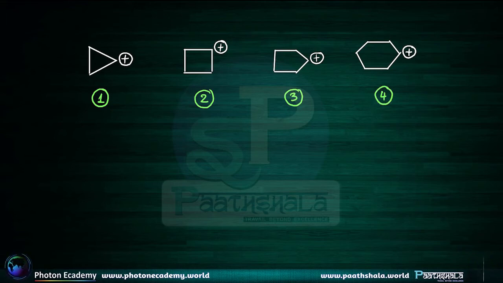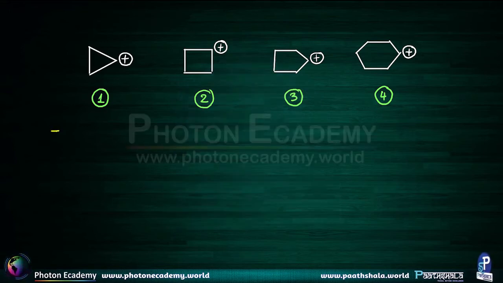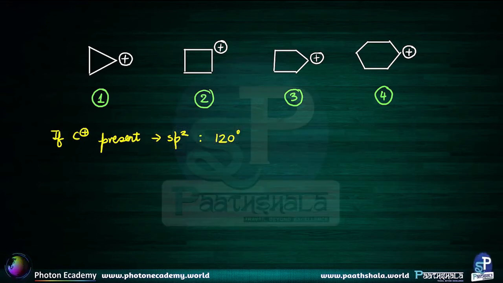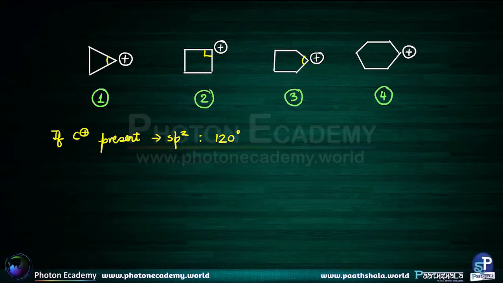We know that a carbocation has sp2 hybridization, and sp2 hybridization has a bond angle of 120 degrees. In the first case the angle is 60 degrees, in the second it is 90 degrees, in the third it is around 108 degrees, and in the fourth it is 120 degrees.